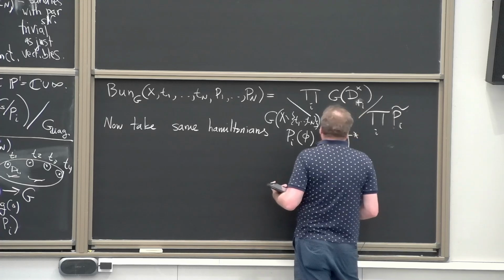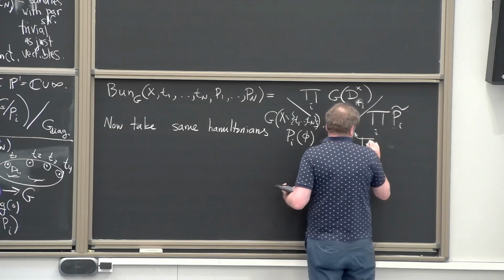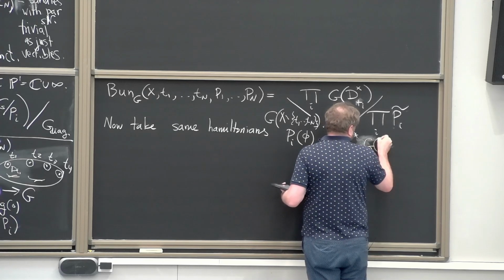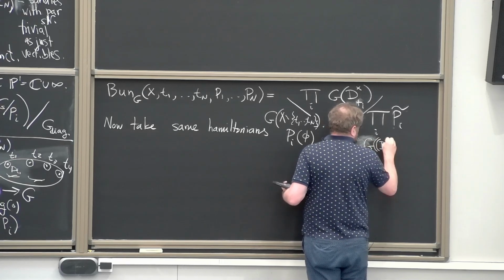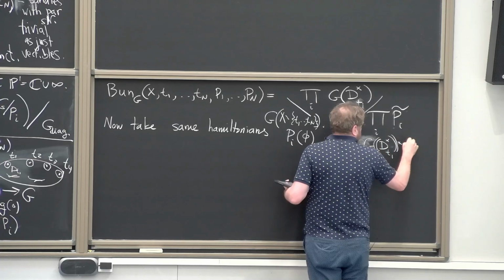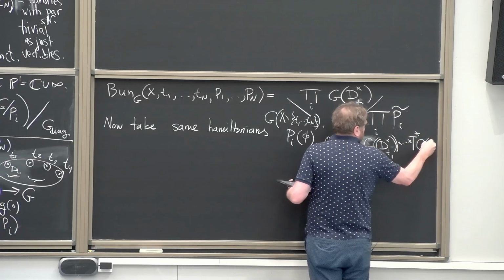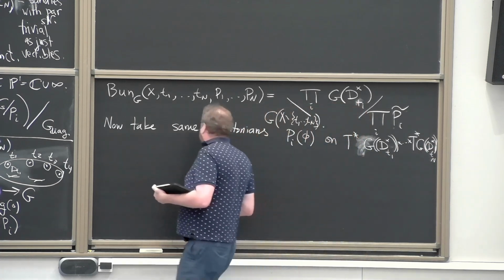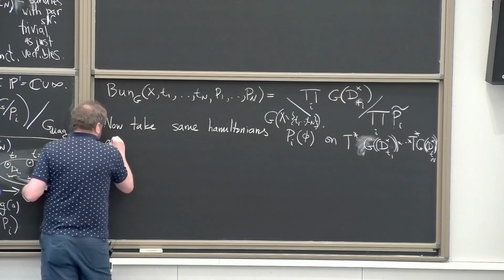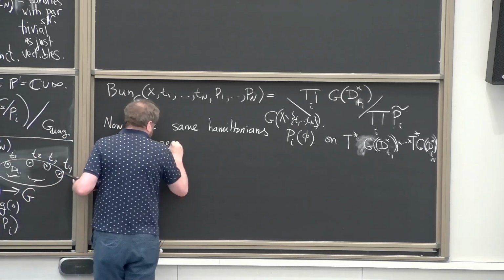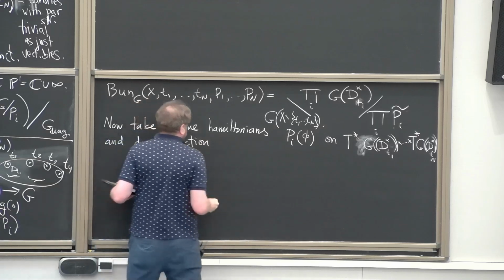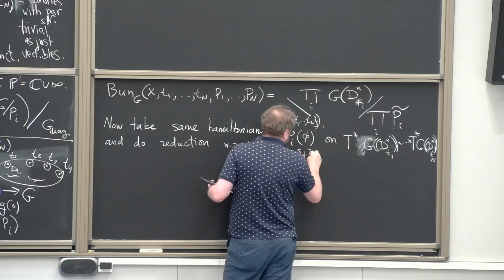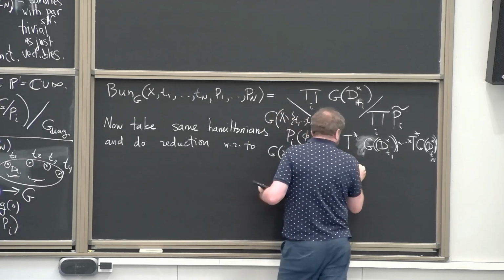So take the cotangent bundle of G of D_T1, ..., the cotangent bundle of G of D_Tn, and do Hamiltonian reduction with respect to G of X minus Ti times the product of Pi tilde.